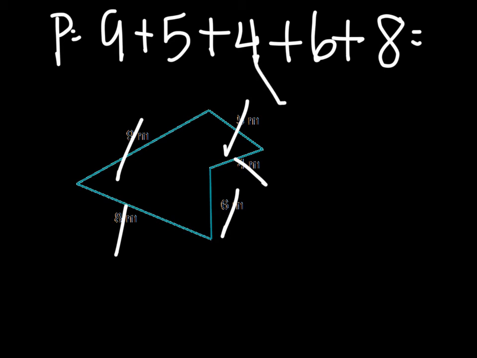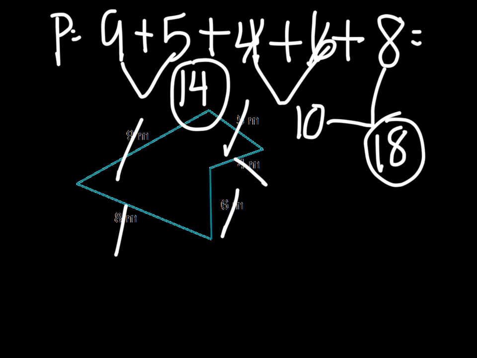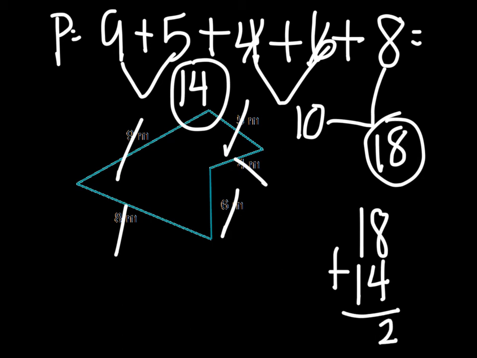I know that 6 and 4 is 10, so I'm going to cross those off. 9 and 5 is 14. Then really I can just say the 10 and the 8 is 18. So when I'm finished, all I'm really going to add is 18 plus 14. 8 plus 4 is 12. Regroup, 3. So my answer is 32.